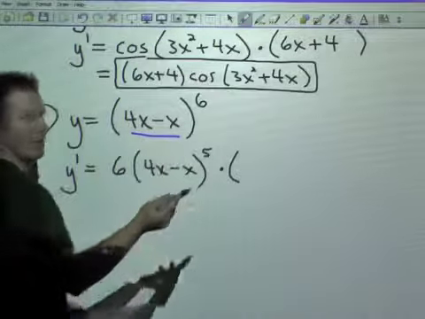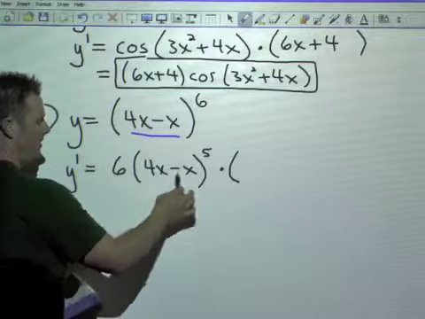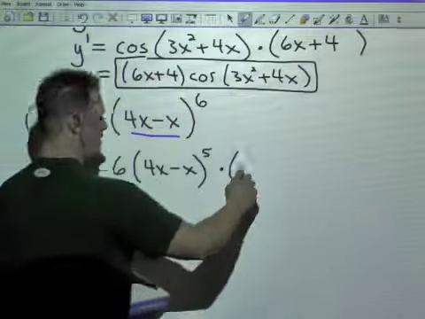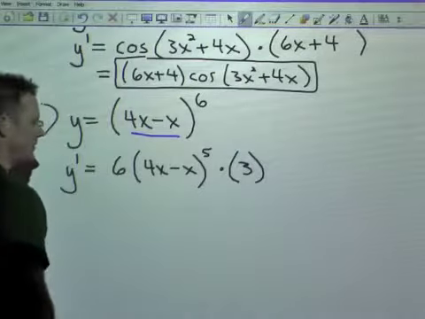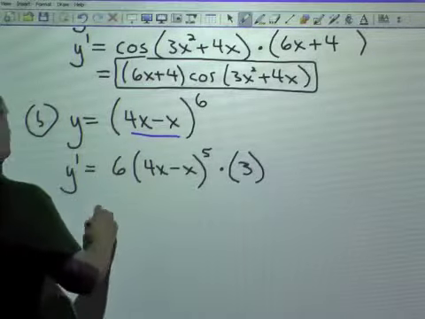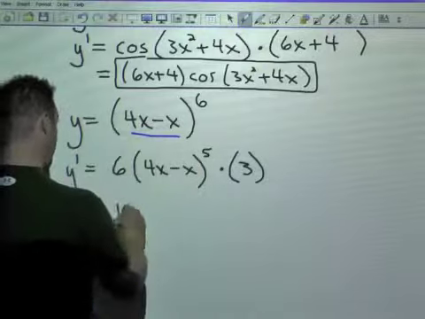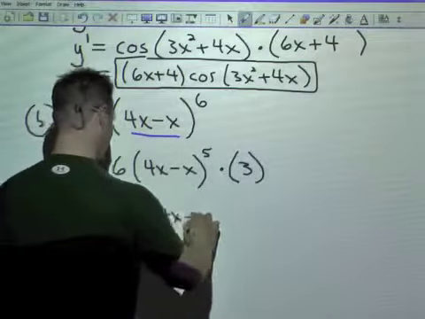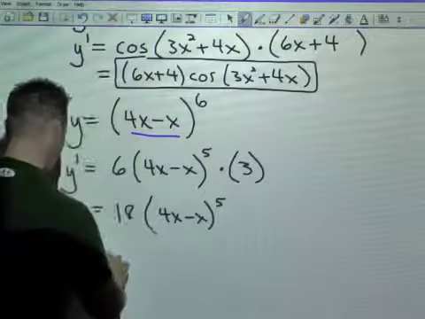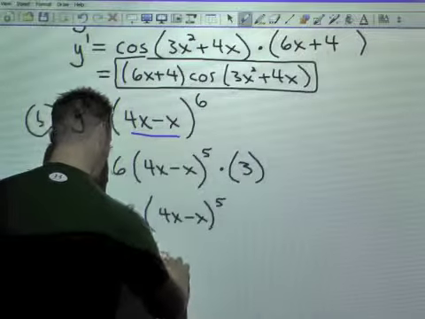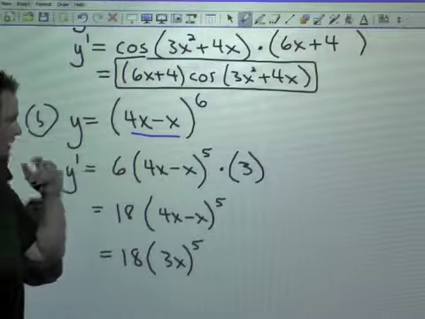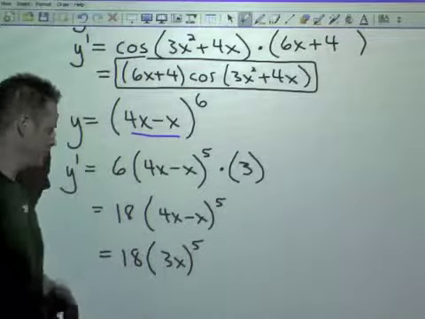I meant to do 4x squared minus x. Sorry about that. It doesn't matter though. Since the inside would simplify to 3x, the derivative would be 3. So multiplying the 3 by the 6 would give you 18 times 4x minus x to the fifth, which obviously is just 3x to the fifth. Sorry, I meant to make that a little bit more complicated. But oh well, we won't go back and redo it.